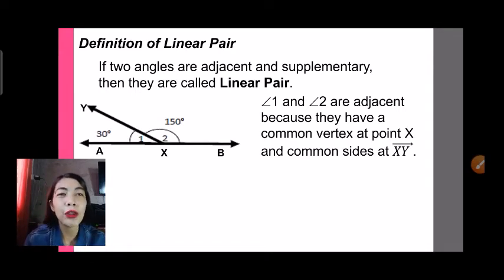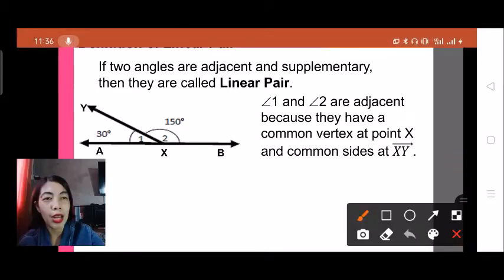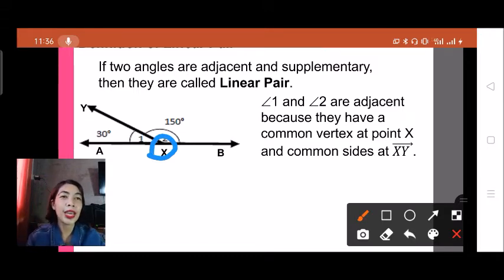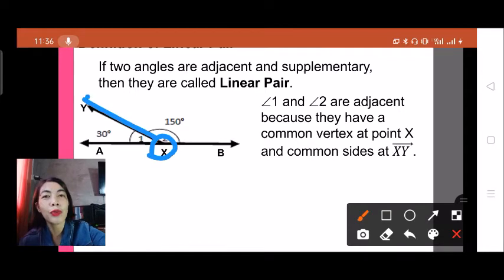So, we have angle 1 and angle 2 are adjacent because they have a common vertex at point X. Ito yung kanilang common vertex. And their common side, the ray XY. So, they are adjacent.